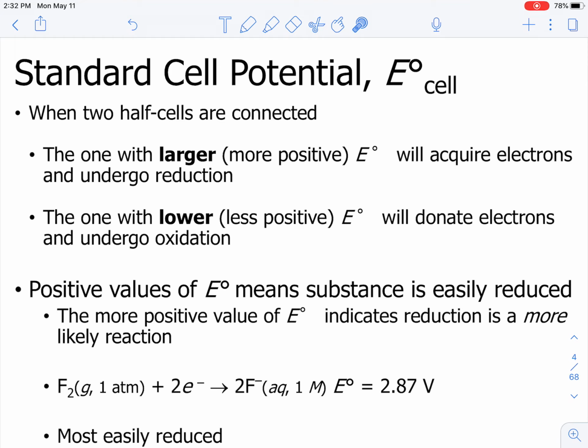And so when two half cells are connected, the half cell that has the larger potential, that basically means that that specific half cell is going to acquire electrons and will undergo reduction. Now the half cell that has a lower potential will be the one that donates the electrons and therefore undergo oxidation.